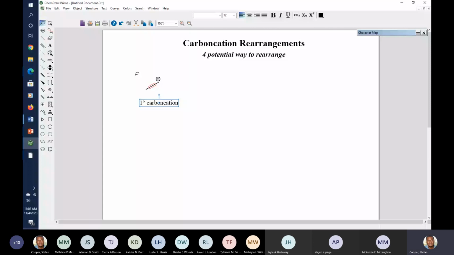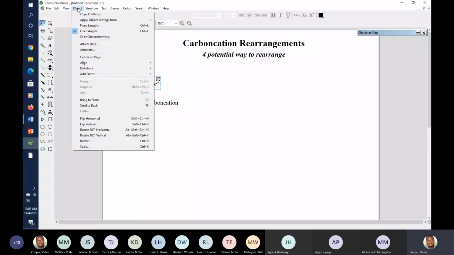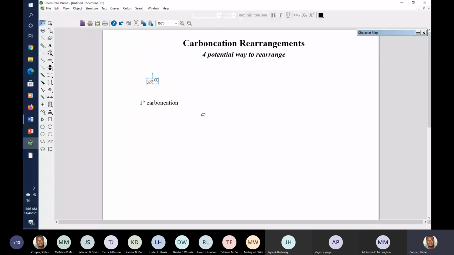So let me change the settings here. If possible, we would love to go from something that's primary to something that's a little bit more stable. So this primary carbocation, if it could, would love to move to this version of itself.